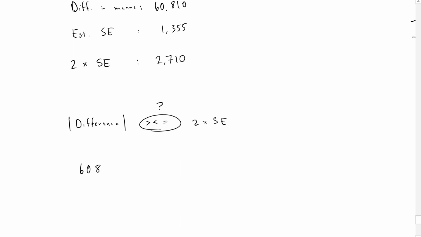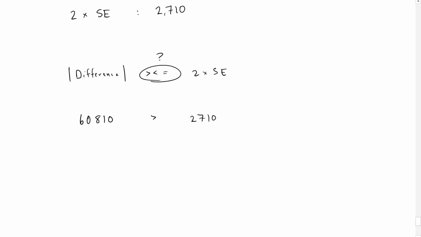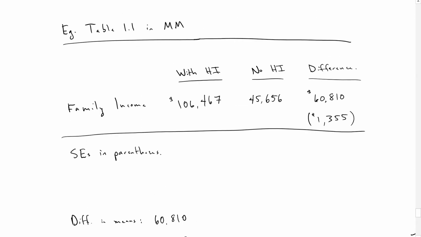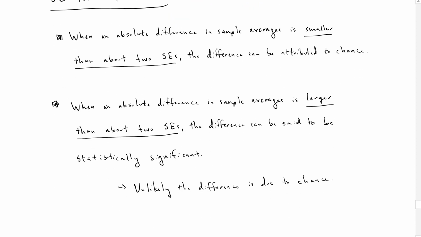But 60,810 is greater than 2,710. And so, coming back to our rule of thumb, if the absolute difference is larger than about 2 standard errors, the difference is said to be statistically significant.